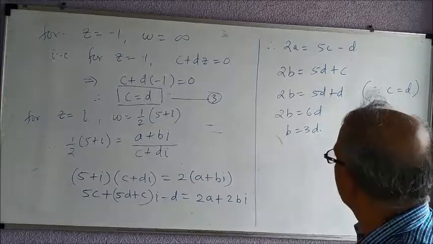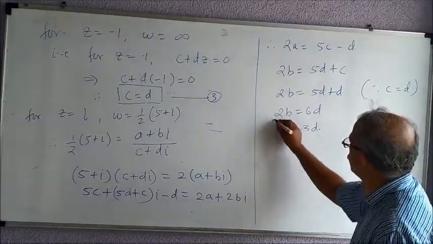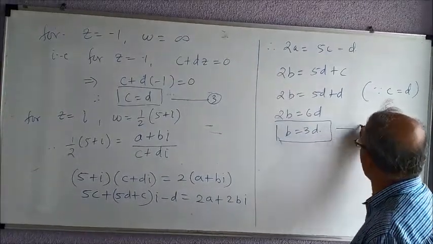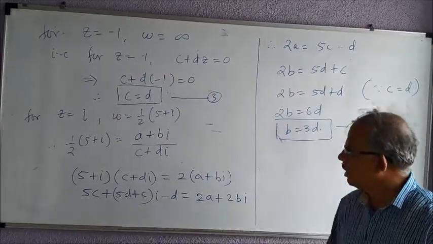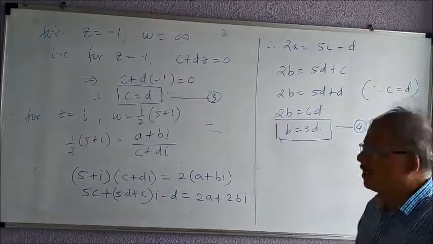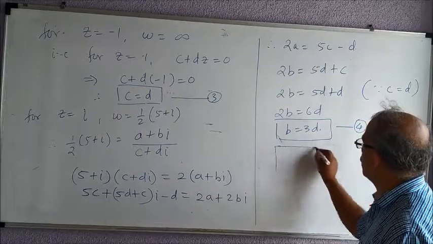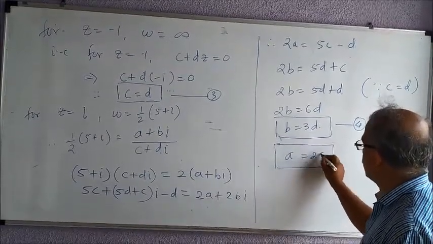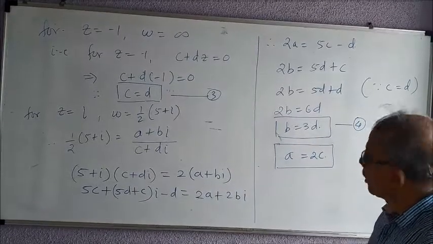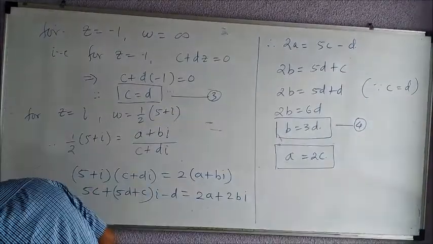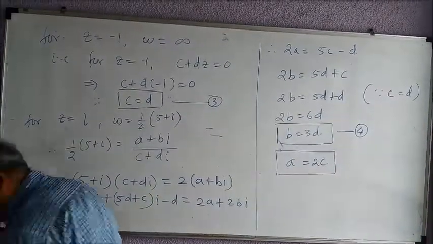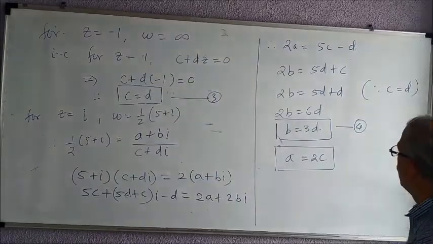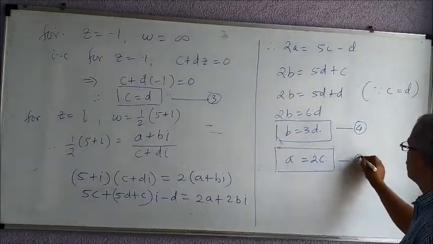Fine. So now we got different relations. This I am going to call as 4. Let me just write down the two relations once again. That says that A is equal to 2C. I hope that is correct. Yeah, A is equal to 2C. So these relations we have.